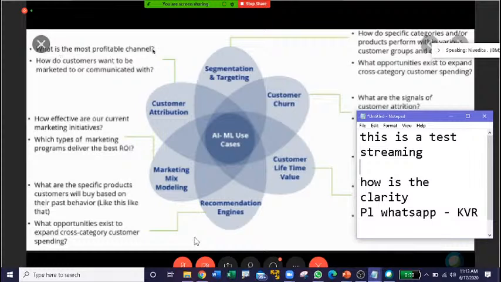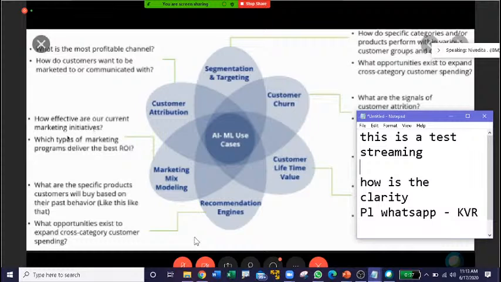How do the customers want to be marketed to or communicated with? Whether they respond more when you call them, or whether they respond more if you send them an email. It depends on which medium of communication is more suitable for them. How effective are our current marketing initiatives? So success of a marketing campaign, how can we assess it?